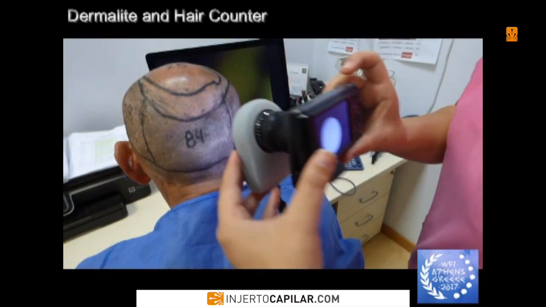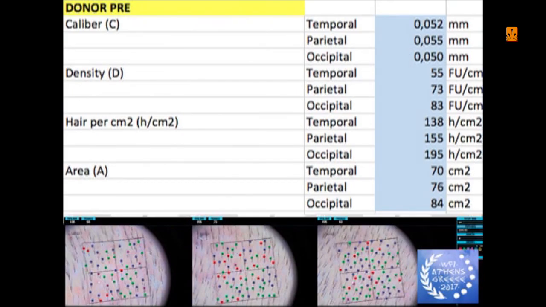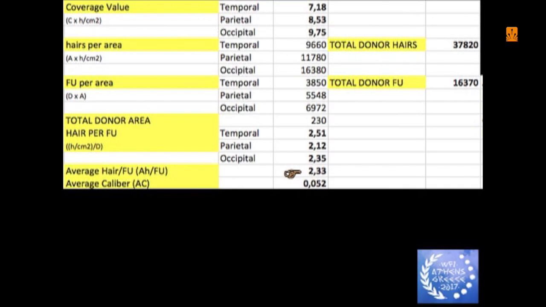This time the density was 55, 73 and 83 per square centimeter, and the average hair per graft 2.33.